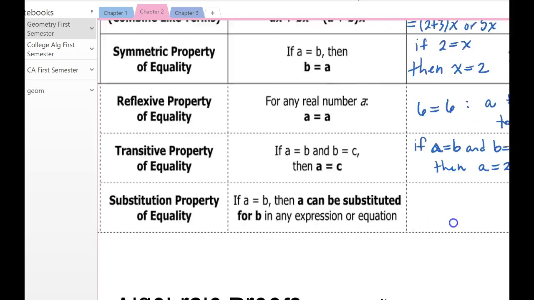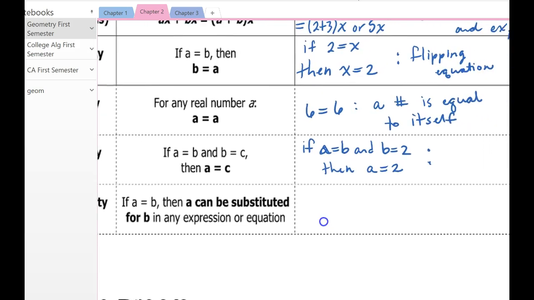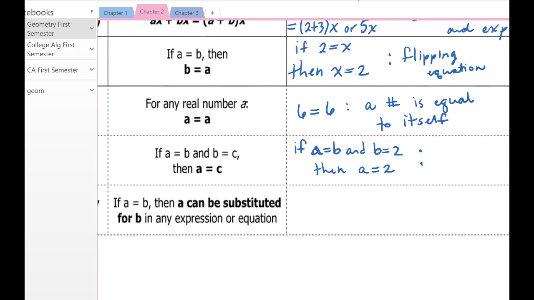Last one is using substitution. Here's how the substitution property might look a little bit different. If you know that x is equal to the value of b plus 2, and you know that b is equal to 4, how could you use the substitution property?